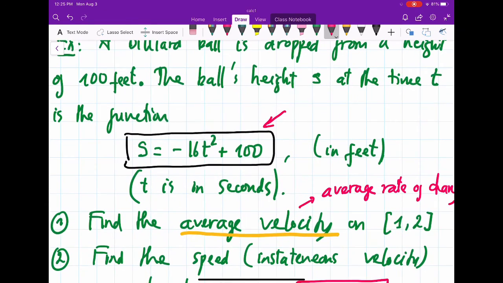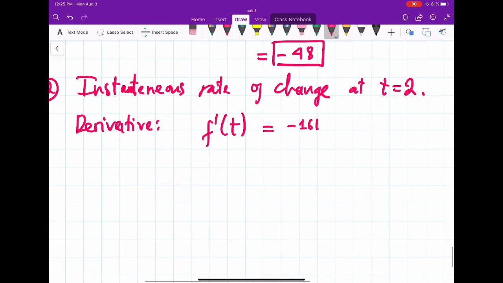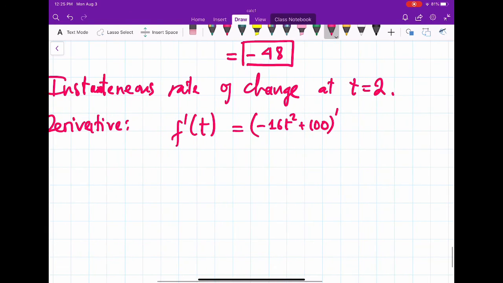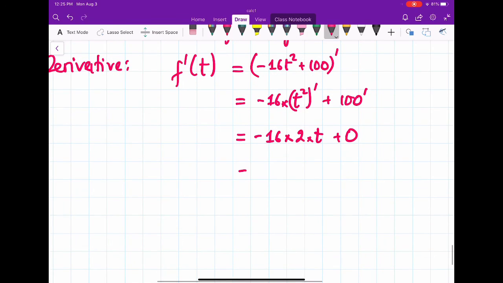The derivative of 100 is 0. So I have negative 16 times the derivative of t squared, which is 2 times t, plus 0. So I have negative 32t.